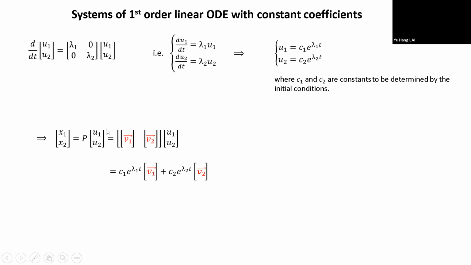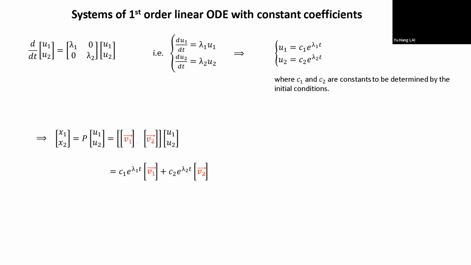Now, as I said, we need to go back to X1 and X2. We know U1 and U2, and then we just do the inverse transform using this P matrix to get X1 and X2. And remember, this P is constructed from the two eigenvectors of the system.